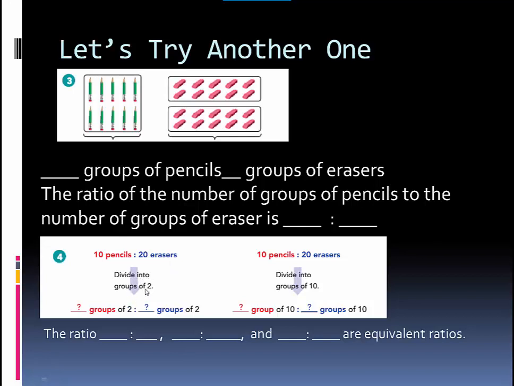Divide into groups of 2. How many groups of 2 did you have with 10? Groups of 2 when you had 20. And you will do the same in groups of 10. And then down here you will write the ratios. There will be 3 of them. You may pause this video so you can finish it, and then you can restart.